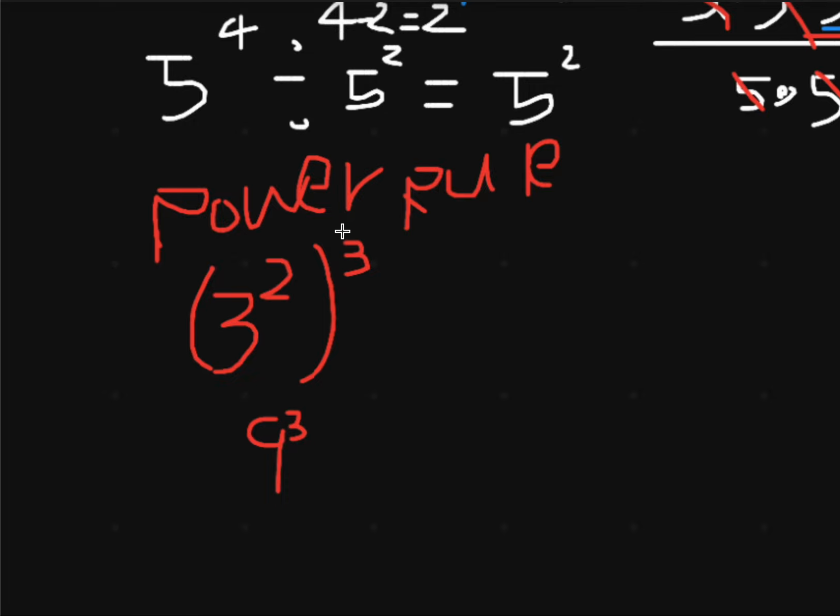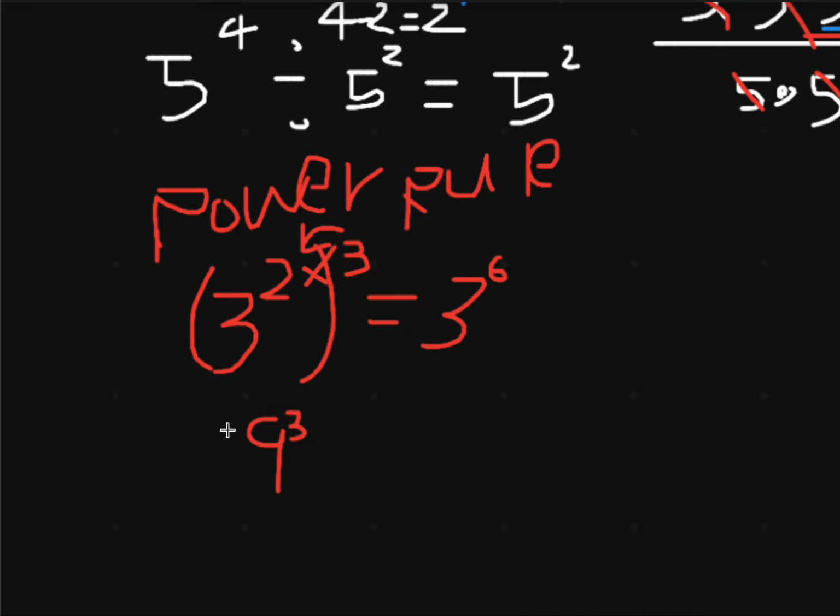Well, there's a simpler way. You just multiply these exponents. So 6, right? Because if you multiply 2 times 3, then you get 3 to the power of 6. And if you do this, then you should get the same answer as this. But when you have to solve the questions, you would want to do this, because most of the questions are based on this instead of doing this.